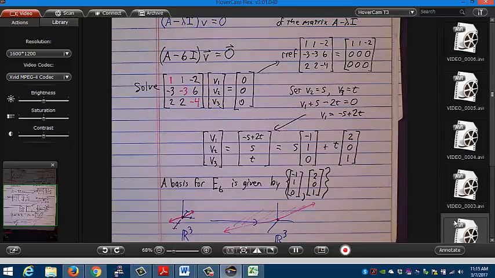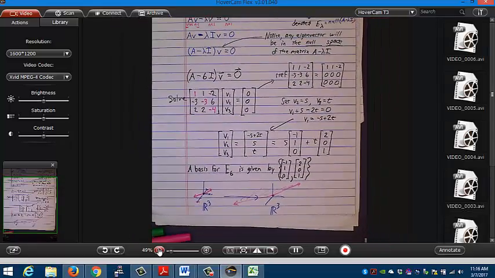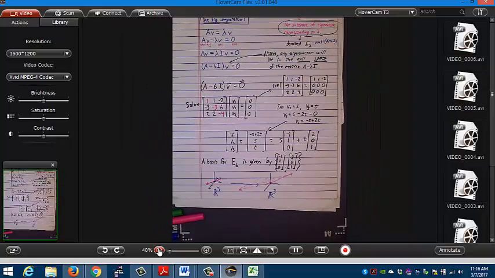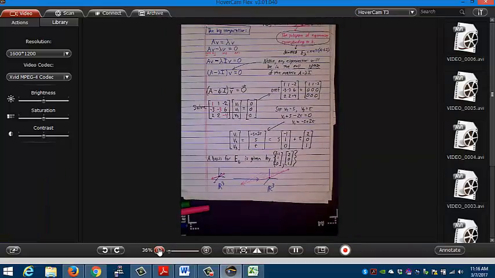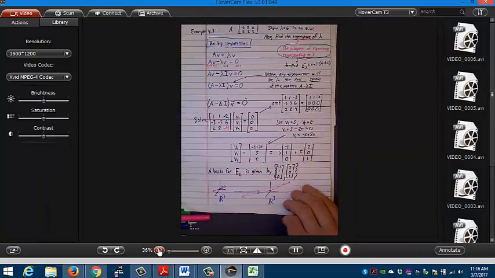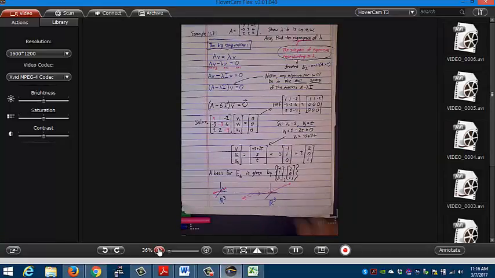So what you're looking at here is a lot of work associated to one example. But I thought if I go through that slowly, it'd be useful. One more thing about this. We were lucky because they told me something at the start. They didn't say, find the eigenvalues and eigenvectors. They said, show that lambda equals 6 is an eigenvalue.